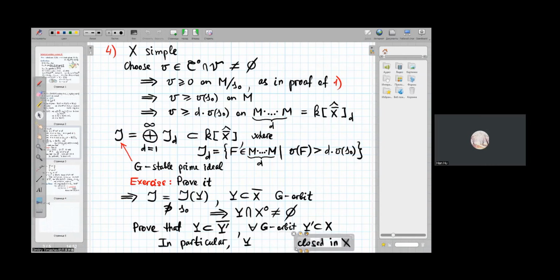So let me write more expandedly that this statement on the previous line implies that Y is the unique closed orbit in X, as we just explained. Okay, we have proved this.